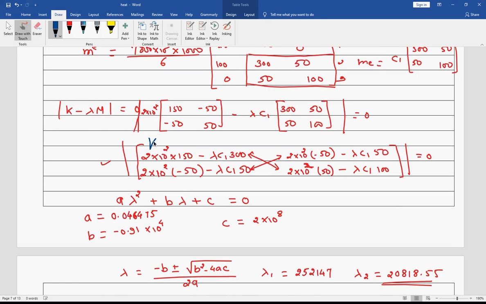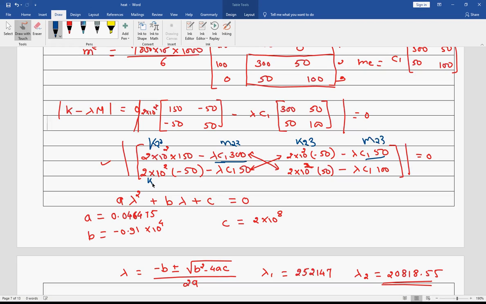So this is my K22, lambda into M22, I leave the lambda, C into 300, this will be my M22. This will be my K23, C into 50, this will be my M23.